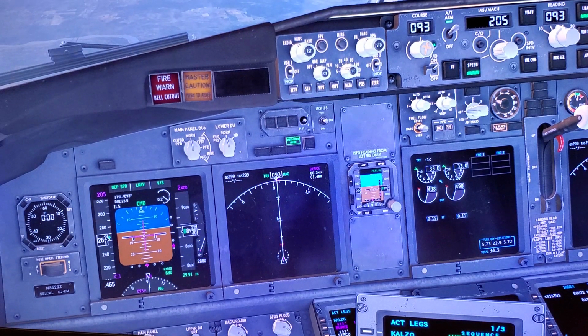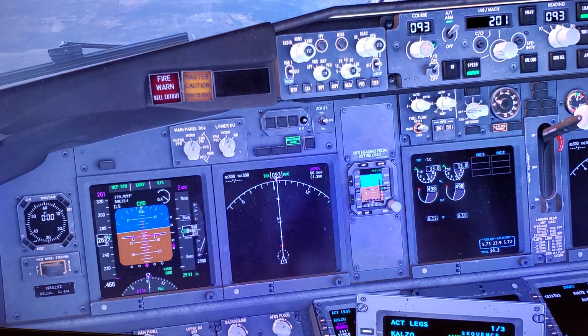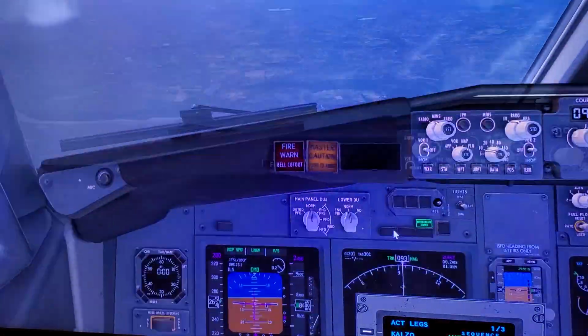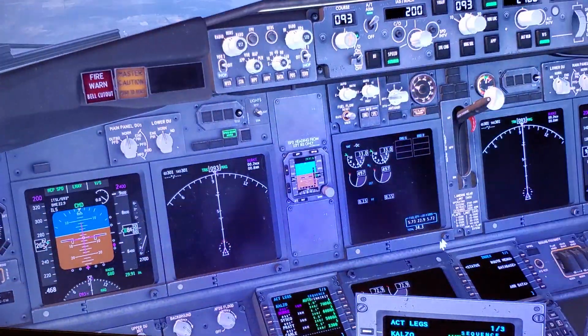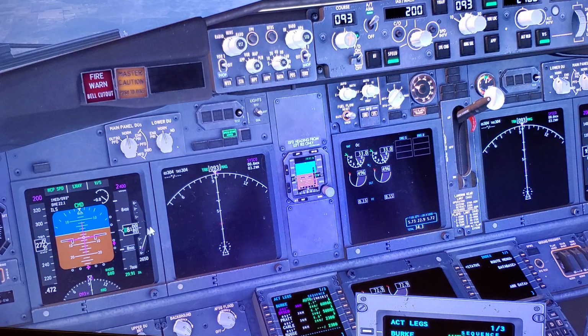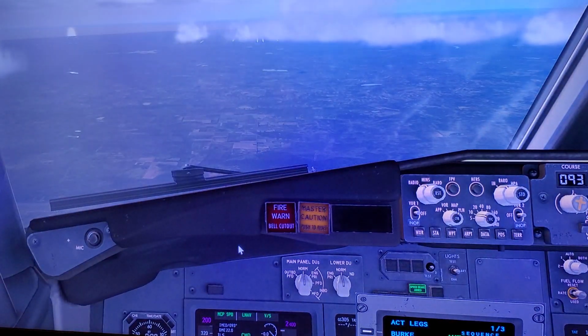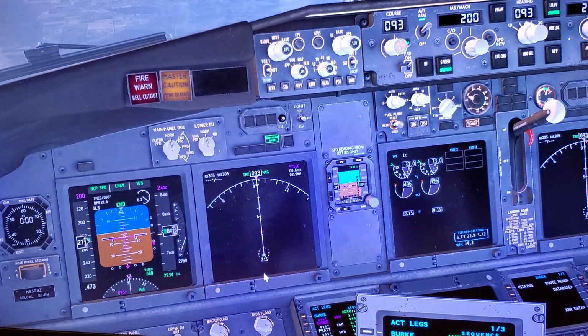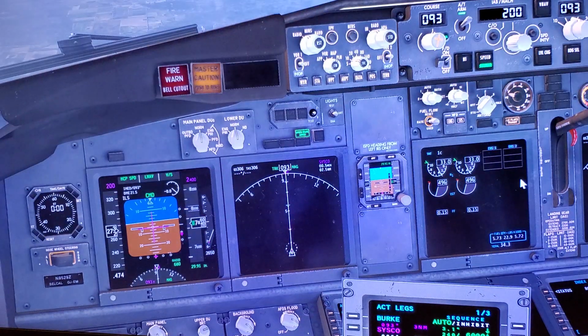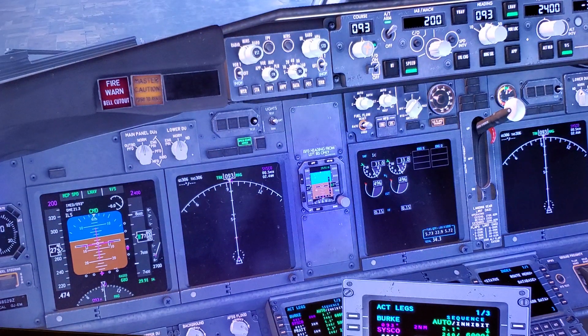Increase the speed to 200. I dramatically increase the rate of descent because I'm higher than glide slope. I am very high.